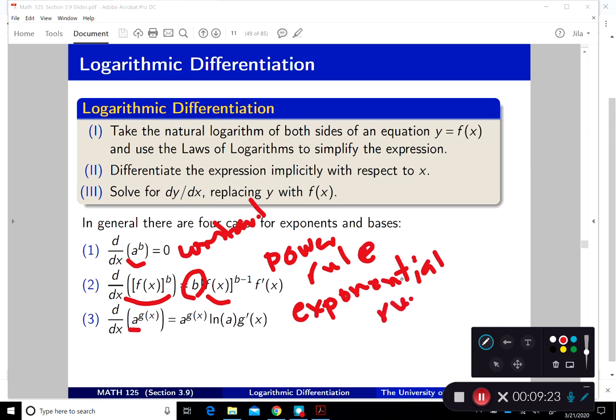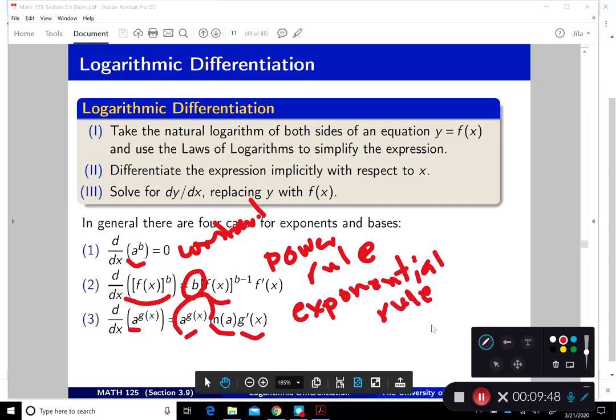And so how does the exponential rule work? You repeat the exponential, which is this part, and then there will be the natural log of the base. If the base is e, it's going to be 1, and then the derivative of the inside, which is g prime of x.